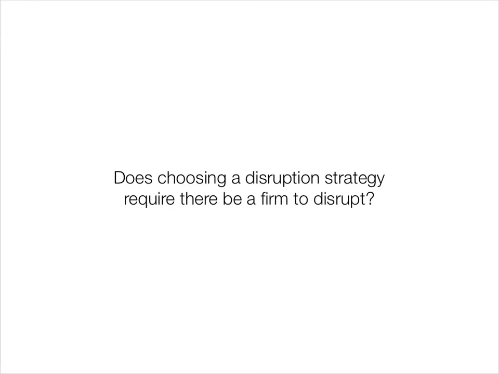Does choosing a disruption strategy require there to be a firm to disrupt? No. Now, the reason I say that is because often people say, well, how do I come up with an idea for a startup that's going to do this? Well, look to some incumbent and see that they're doing something bad and then do it good. Look to disrupt that incumbent as your strategy.